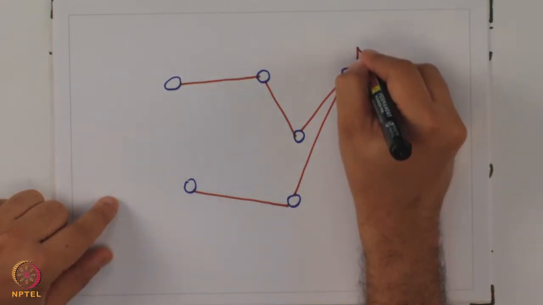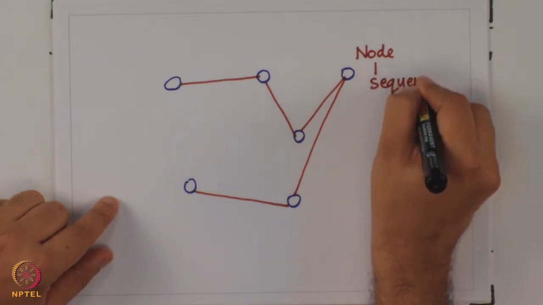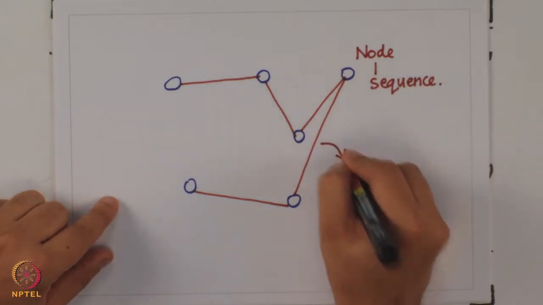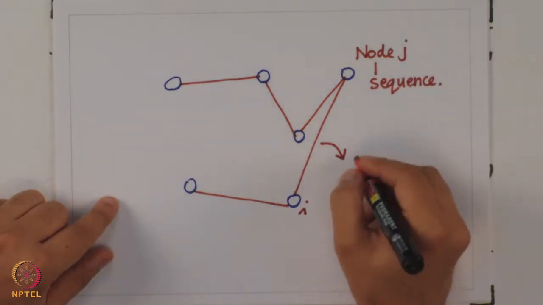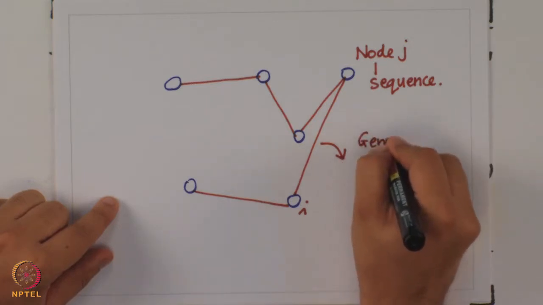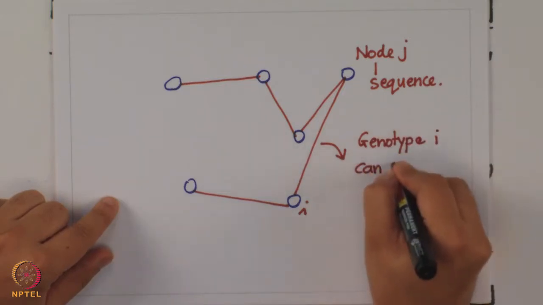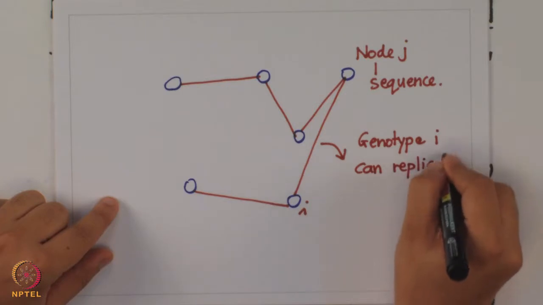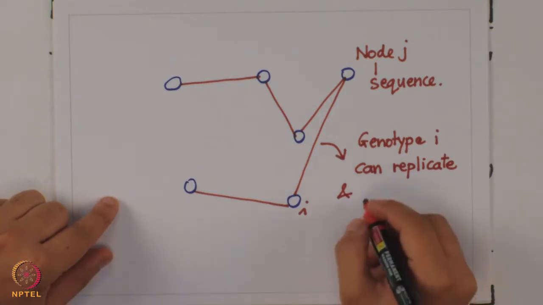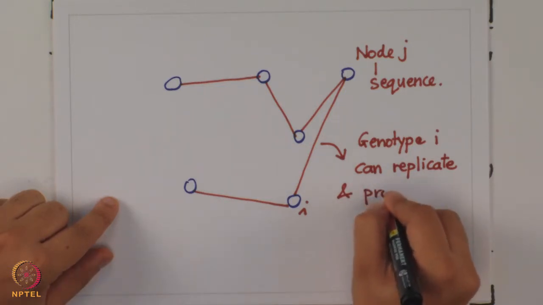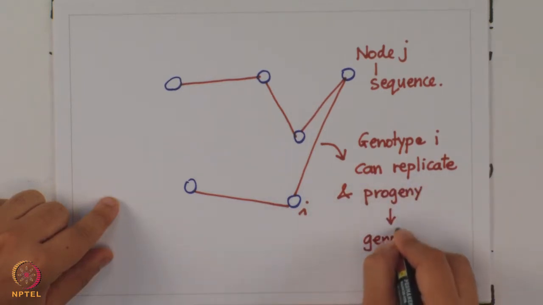So this is a node which corresponds to a sequence, and an edge represents the fact that genotype I can replicate and a mutation event can happen, a single point mutation which can lead to the progeny having genotype J.